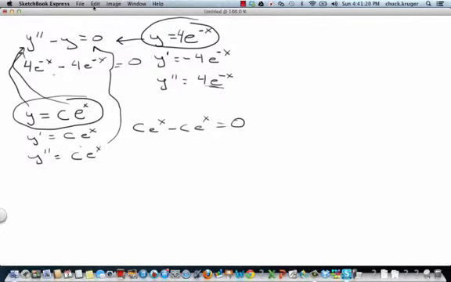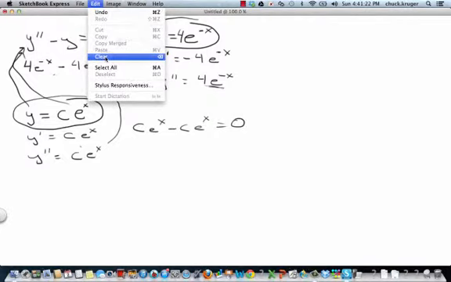Okay, let's take a look at finding a particular solution. The differential equation I'm going to use is y times y prime minus 3y equals 0. First I want to verify that y equals c x to the third is a solution.